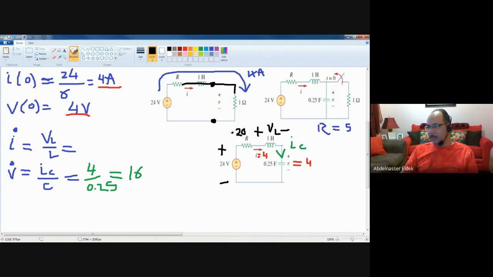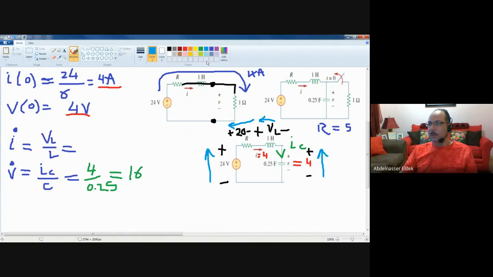So this is positive here, negative here. And the voltage here is 4 volt. We know this one. So we have all the information here. Each voltage is in its own direction.